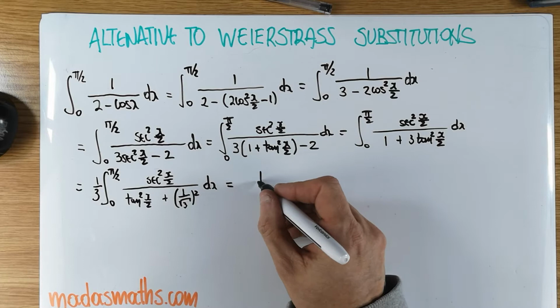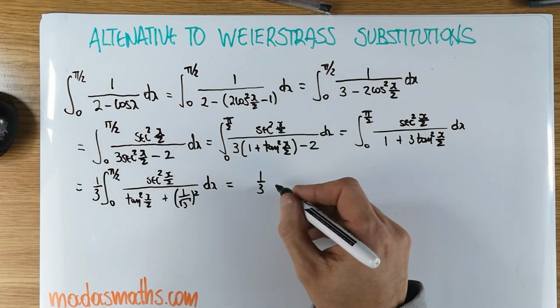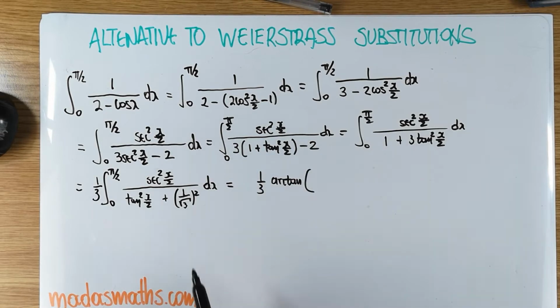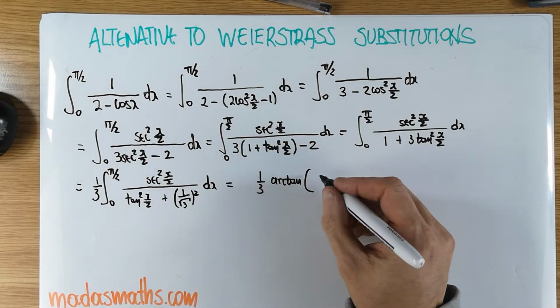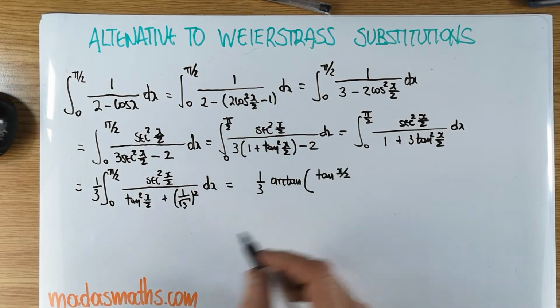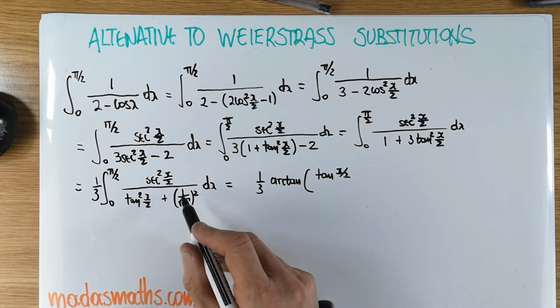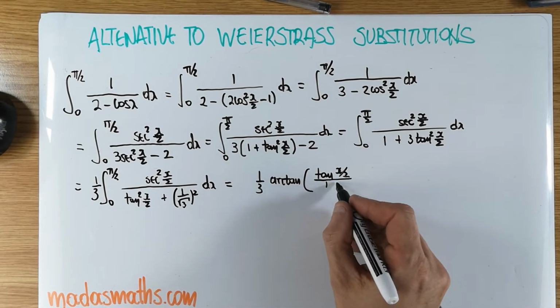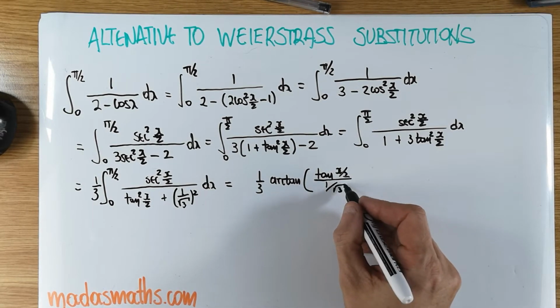So first of all, the 1/3, which is on the outside, is the arctan of what? It's the arctan of the tan of x over 2 divided by 1 over root 3. Let me actually write it: 1 over the square root of 3.